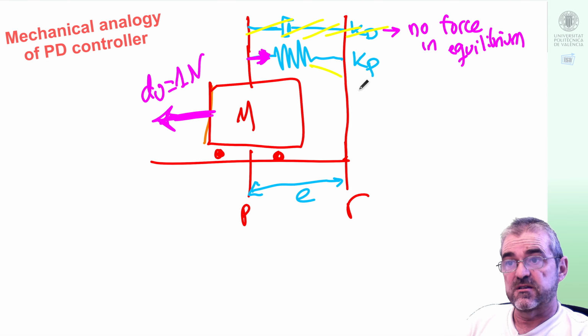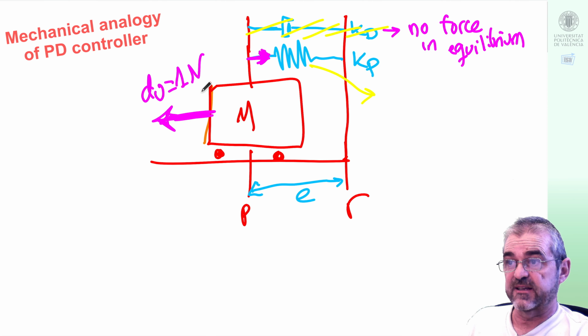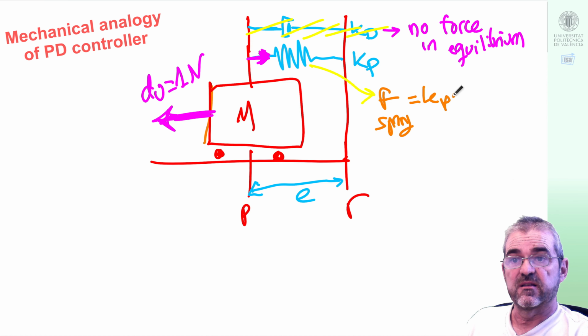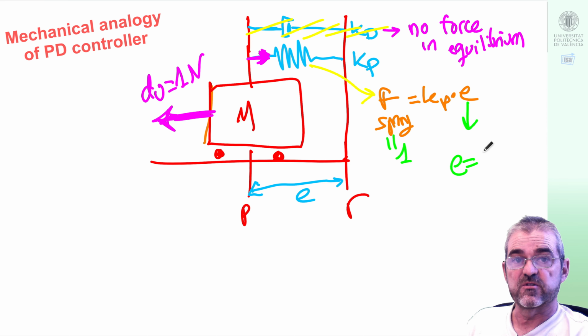So it is this spring that must make 1 Newton of force to counteract this disturbance, and as my spring force is kp times the displacement error, and this must be equal to 1, of course the error must be 1 over kp.